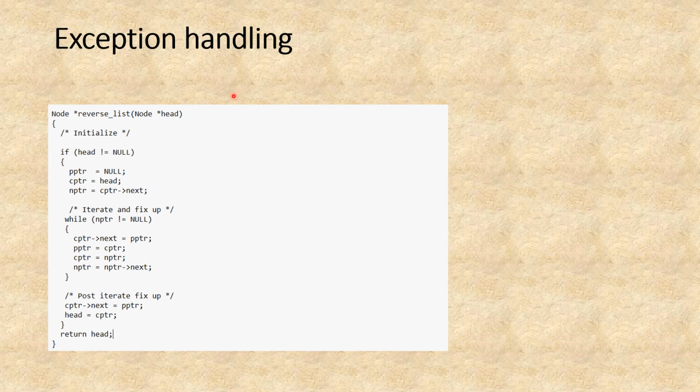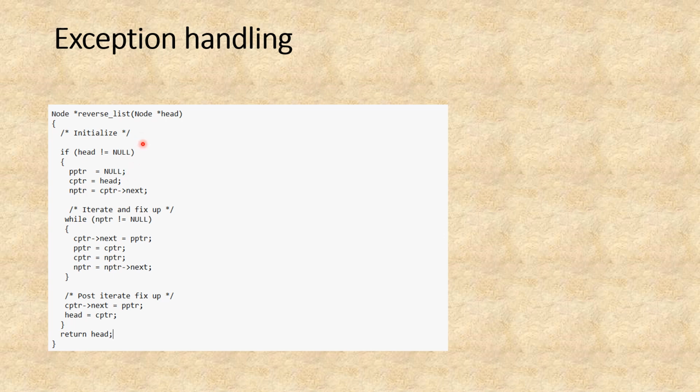Exception handling has been incorporated to make the code robust. So the only check that we have added is to check whether the list exists, and this is done by checking whether the head is present or not.